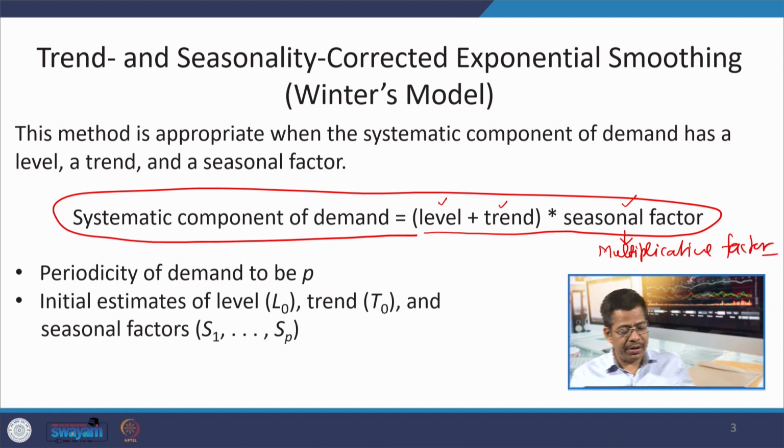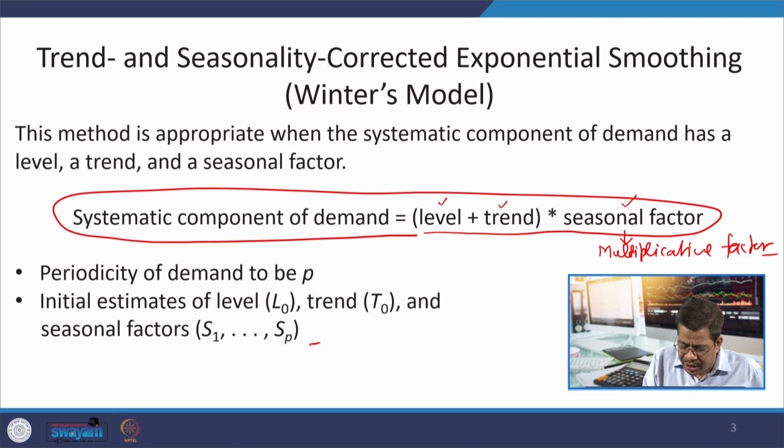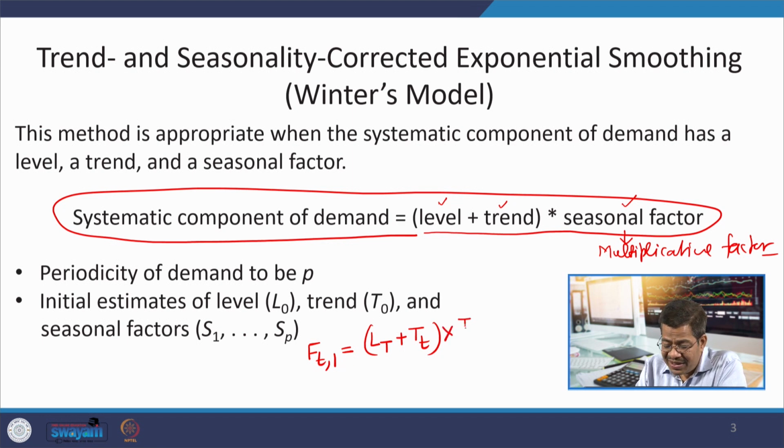So, for my next forecast F(t+1), I will calculate the current level and trend, L(t) plus T(t), and multiply it, please remember, with the seasonal factor of the respective time for which I want the forecast, that is t+1. Please remember this very important thing.